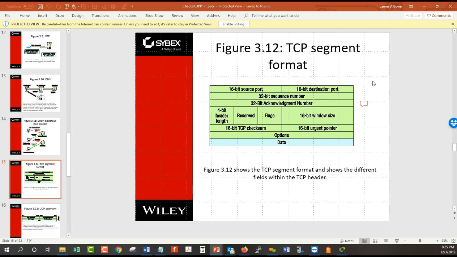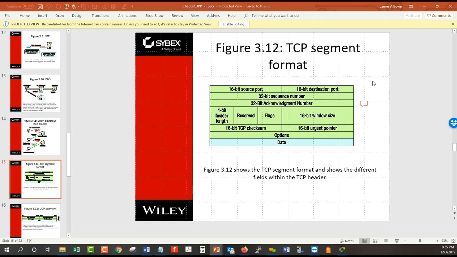The other thing that's crucial in a TCP segment is that it has sequence numbers. If you recall, TCP is a reliable transport protocol, unlike UDP, which is often referred to as unreliable. It doesn't mean that we don't want to use UDP, but UDP gets used for different purposes.